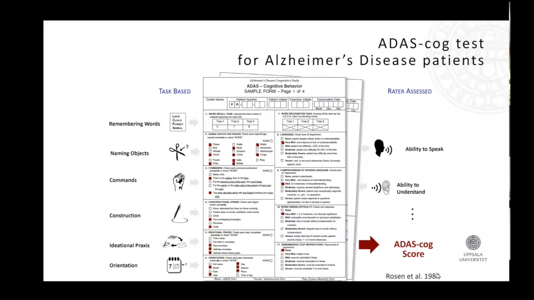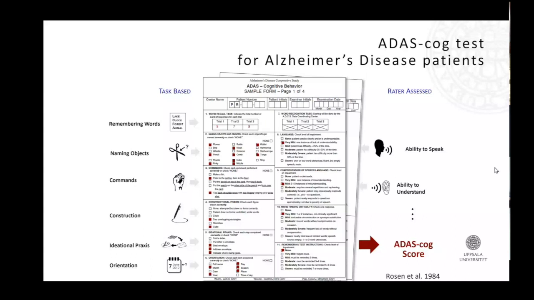What you can see here is that it contains tasks for the patient to perform, and the clinical staff is assessing the patient in different aspects. And of course, the clinical outcome assessments are here to capture the ability of the patient to function, and also capture the symptomatic picture of the disease.